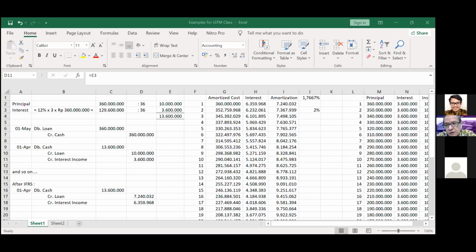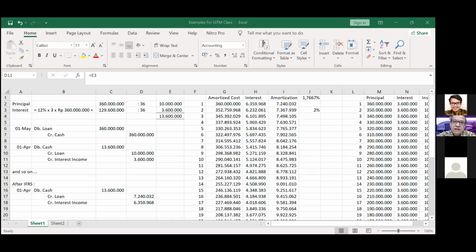And because we never sell it before maturity, it's impossible to categorize it as available for sale or fair value through profit and loss. So all of the loan in Indonesian bank balance sheet is always categorized as loan and receivable.